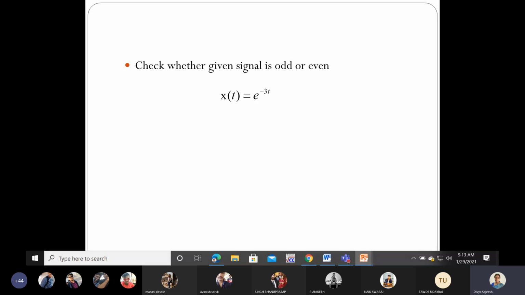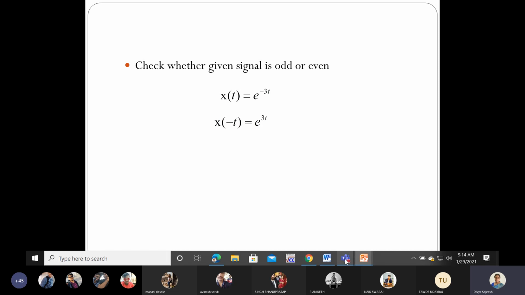So let us apply x of minus t. If you do x of minus t, it is e raised to minus of minus 3t, so it will be e raised to 3t. So if I negate the time axis, whether you are obtaining your original signal x of t, I have to check that condition.